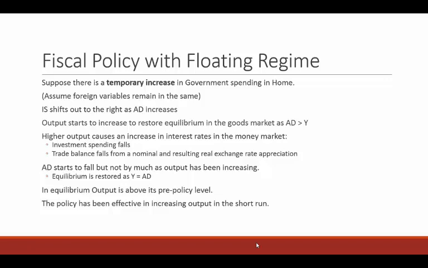Further, the higher interest rate now causes a further reduction in the trade balance via nominal and real appreciation that results, as well as a decrease in investment spending. The result is that aggregate spending now starts to fall, but not by as much due to the fact that output was already increasing, so that a new equilibrium level is arrived at, where the output is above its pre-policy level.